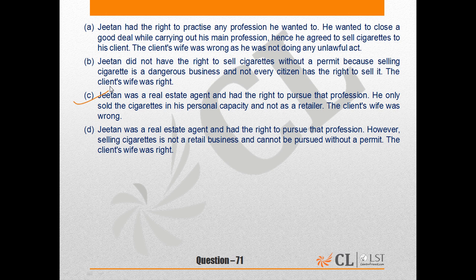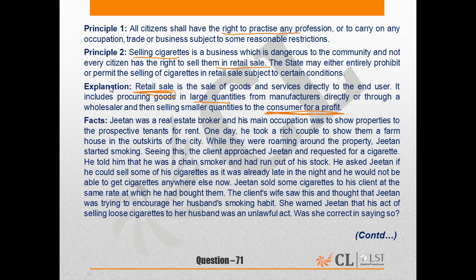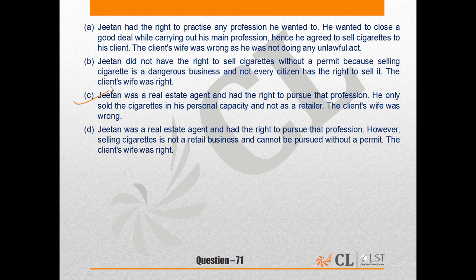So this is a part that we can read from the explanation that is given, because the explanation says that a retail sale is considered when the goods are sold in smaller quantities to the consumer for profit purpose. Over here, Jeetan was not selling these cigarettes for any profit purpose. He was merely selling it to one of his clients. So this does not constitute a retail sale, hence the option would be C.